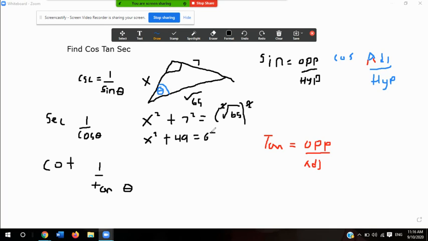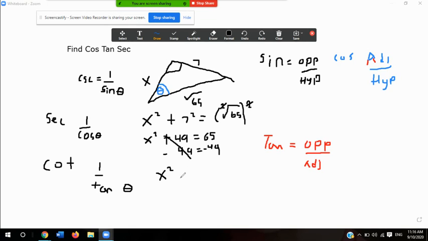And now what you're going to do is just solve for x squared. So you're going to subtract 49. And that equals 65 minus 49. And of course, x squared, I bring it down.